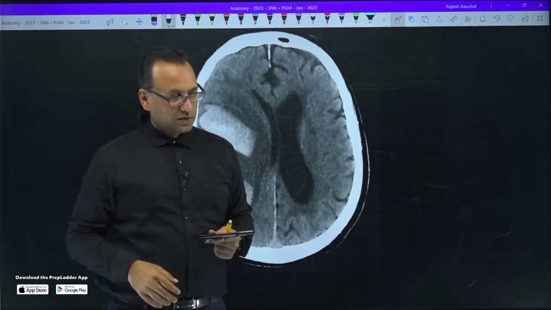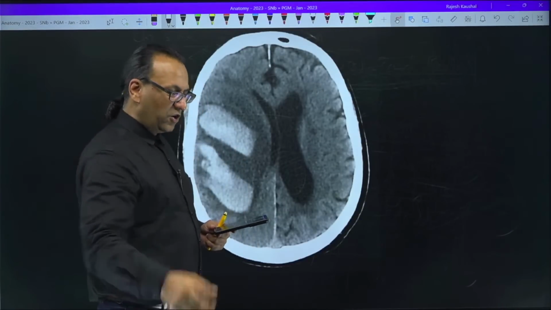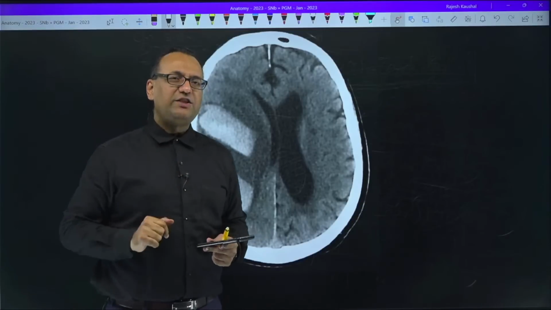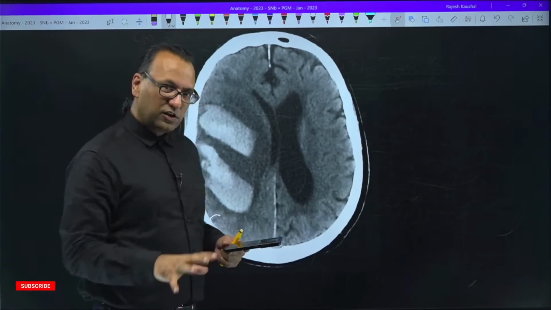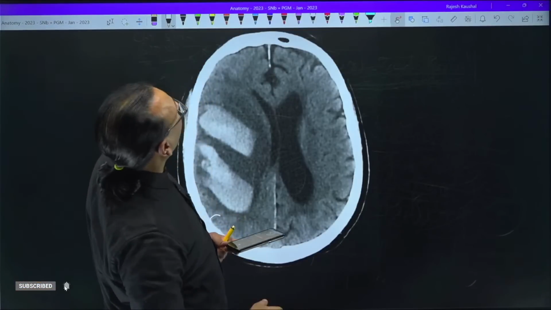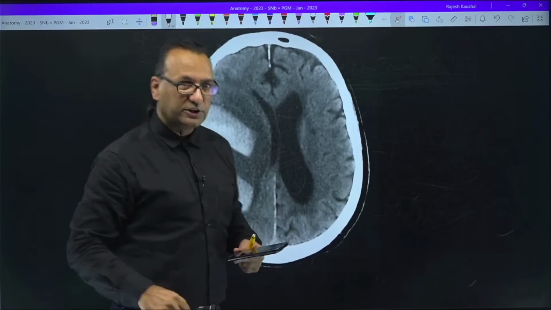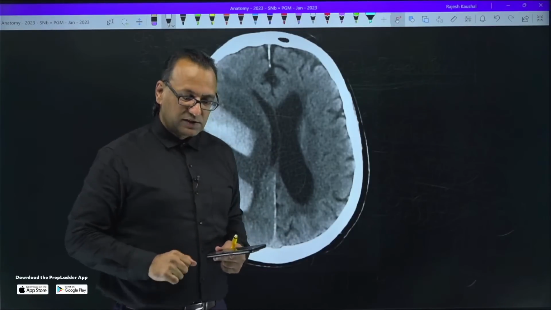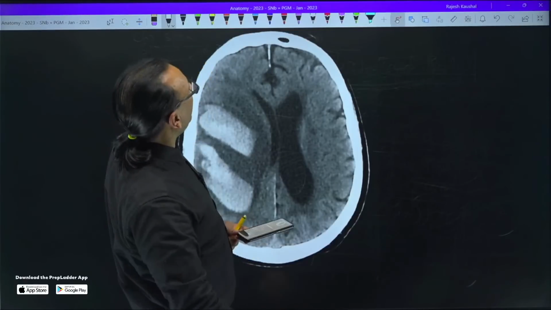So what to do? And the teacher is asking the student, do you really want to get a good rank in GT? Do you really want to get a PG seat? And the student answers, yes sir, I want to get the best rank in GT, I want to get a PG seat. Are you sure about this? Because it will take a lot of efforts. And the student says, yes sir, I'm ready for that.